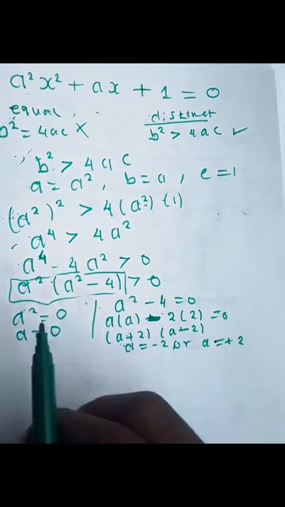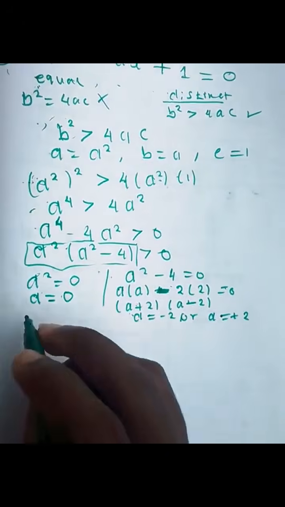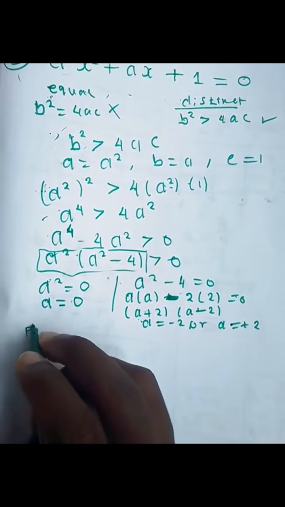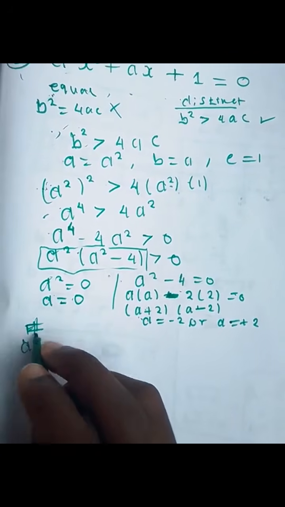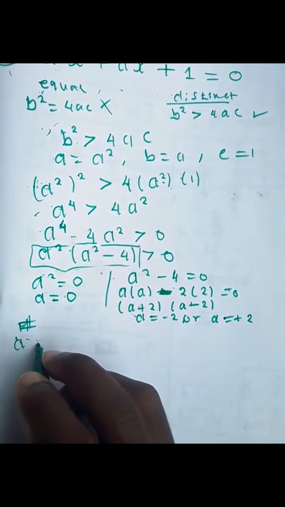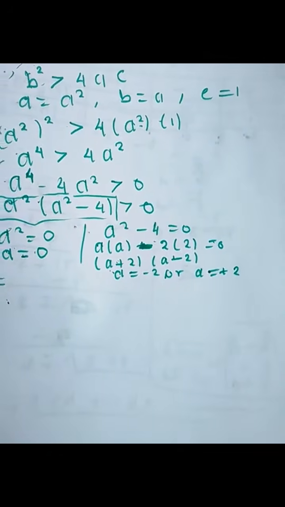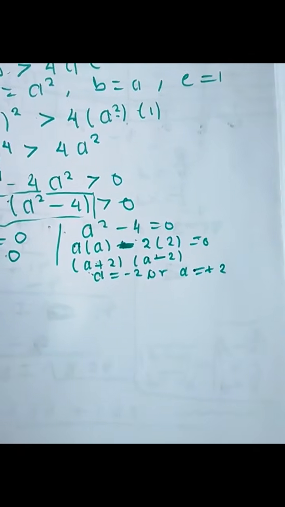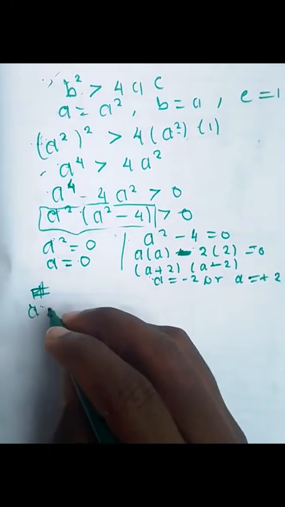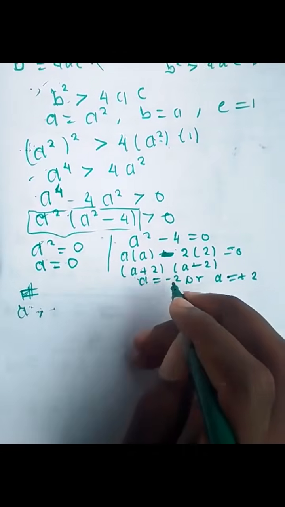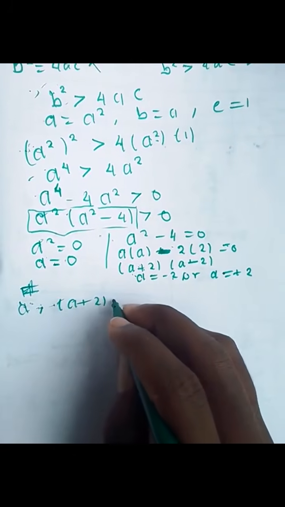Alright, so we're going to draw a sign table. These are the critical points. And let's try to find the factors that we're going to use. So the first factor will be just a for this one. The other factors will be a plus 2 and a minus 2.